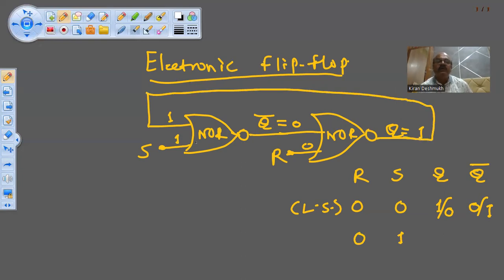If I make this S 1, then Q is also 1, S is also 1, so Q bar will be 0 and Q will be 1. Let us assume that R is now 1 and S is 0. Now what will happen?